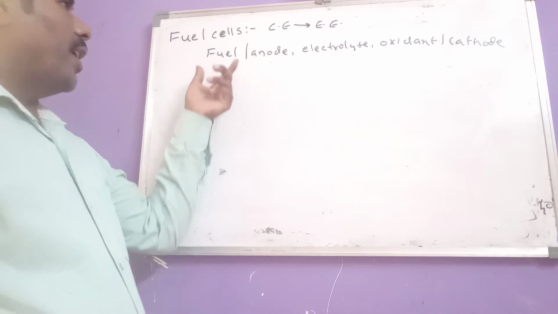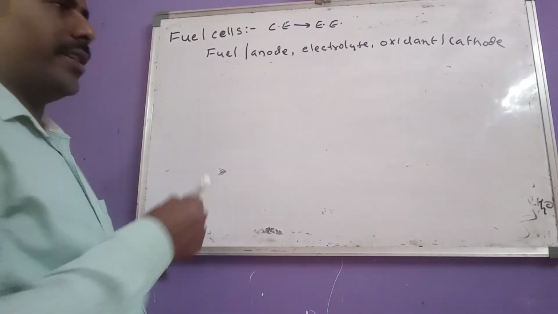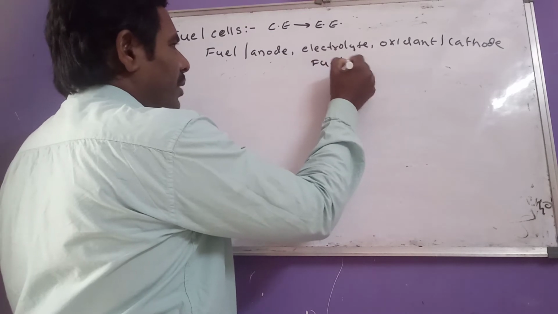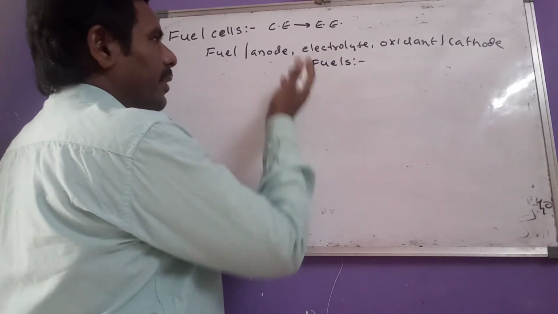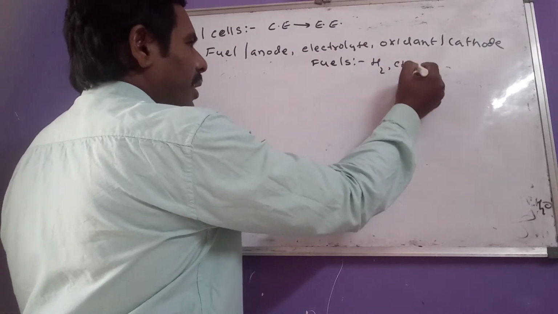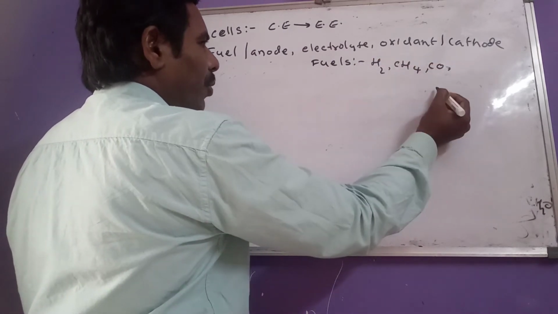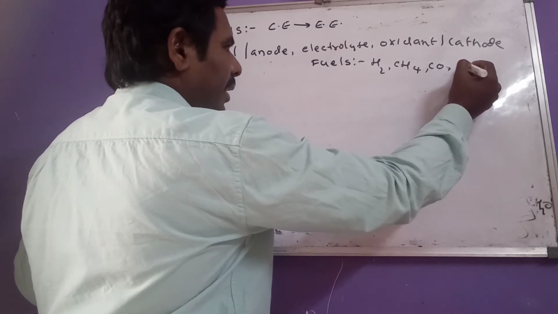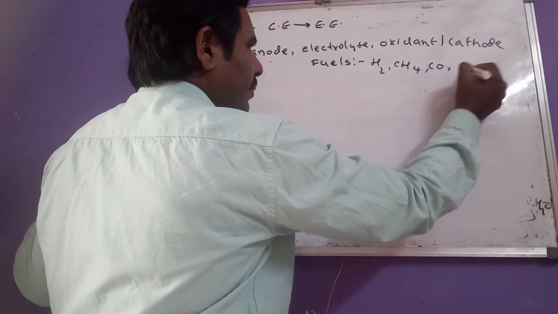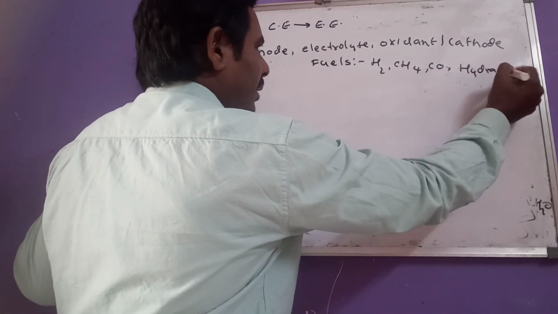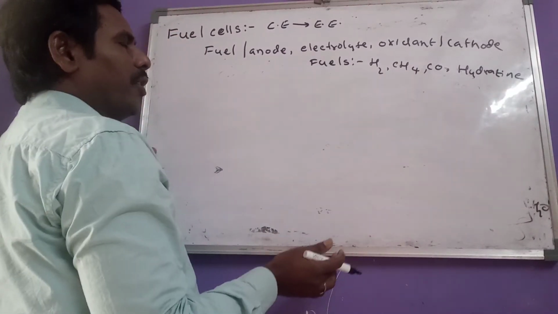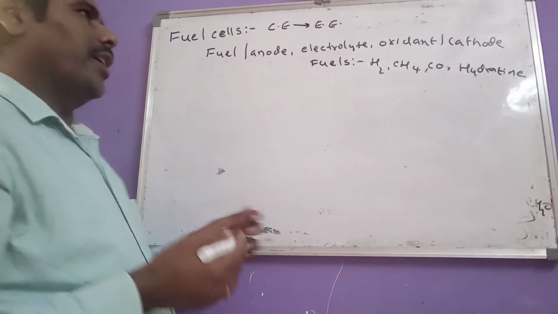And what are the generally used fuels here? So many fuels we are using in these fuel cells. Examples for them: hydrogen, methane, carbon monoxide, hydrazine. These are some important fuels we are using in the case of fuel cells.